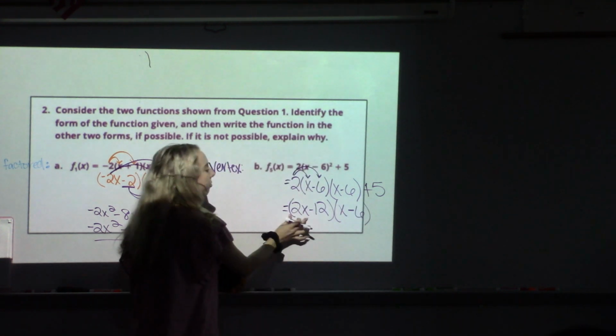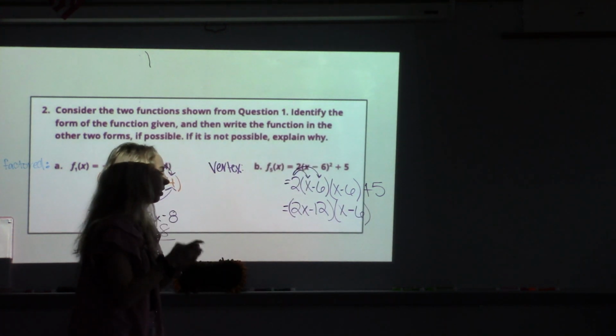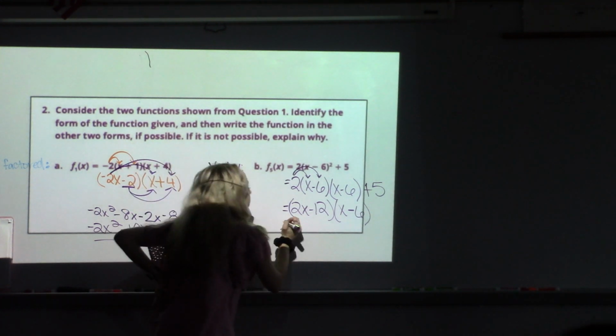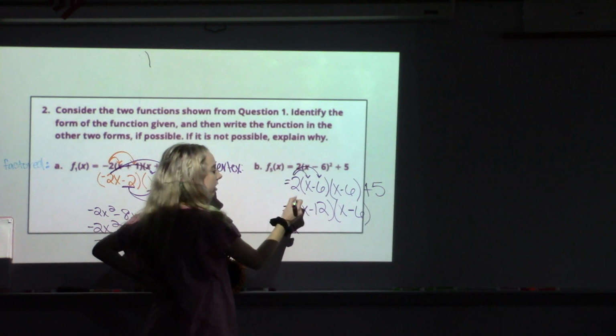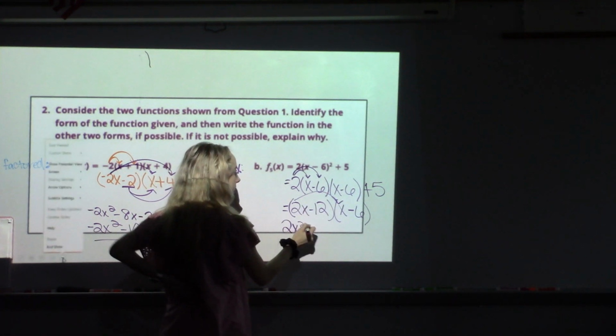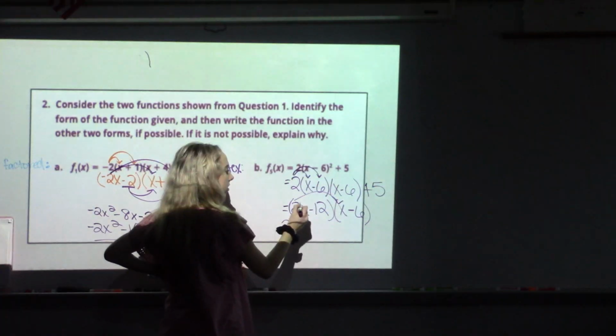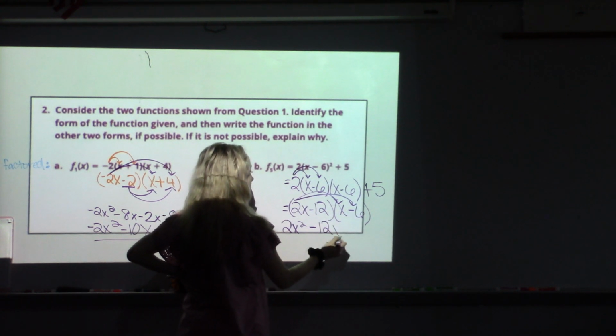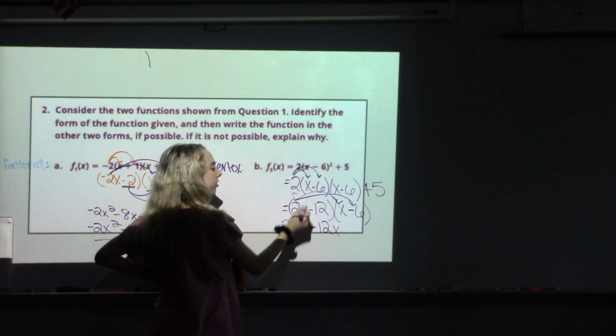Now we need to multiply these together. So somebody walk me through it. 2x squared, so that'd be 2 times x is 2x squared, and then minus 12x. So 2x times a negative 6 is minus 12x. Okay, that took care of the 2.